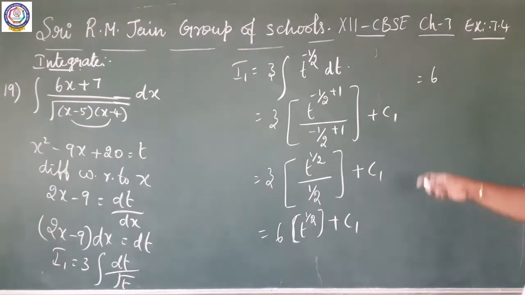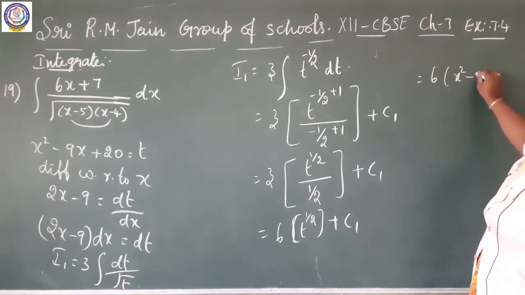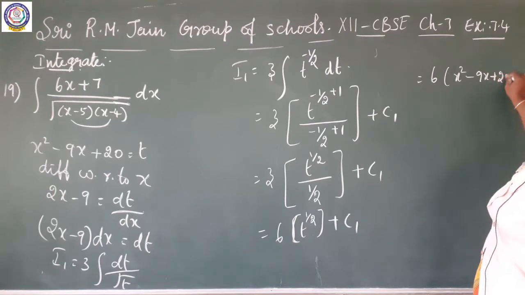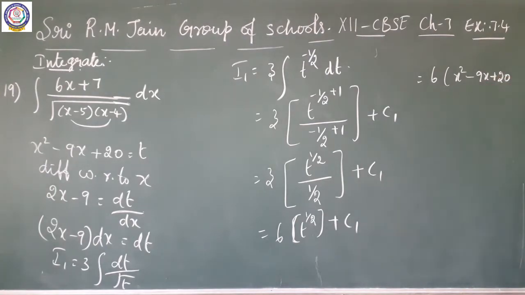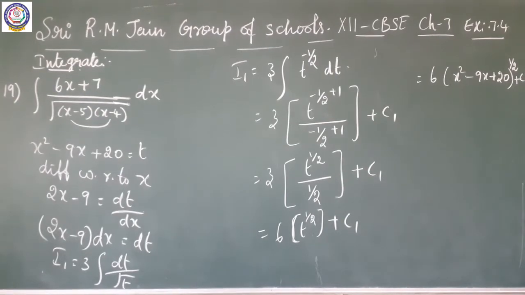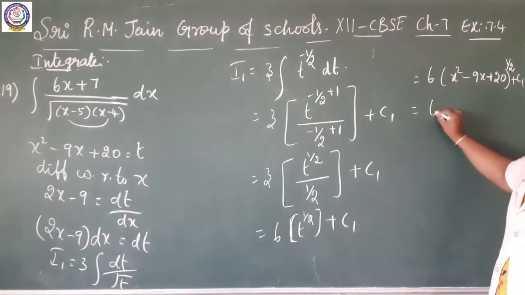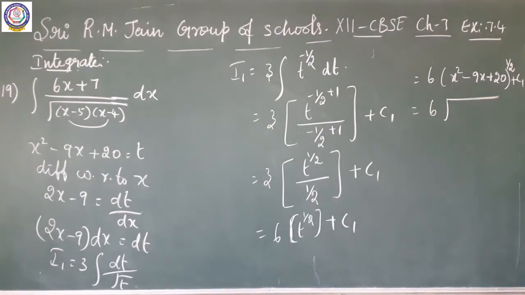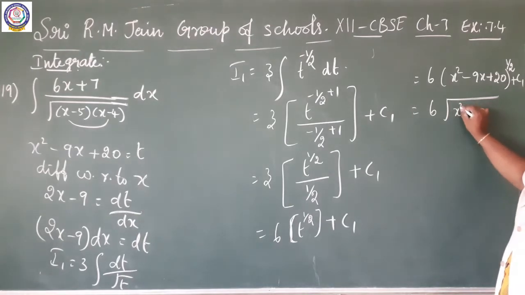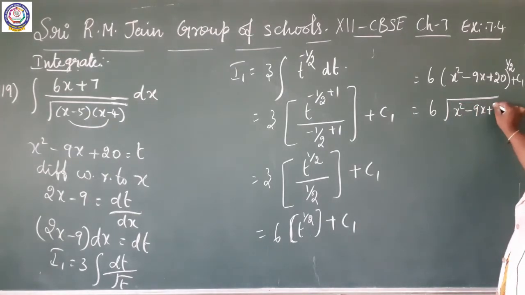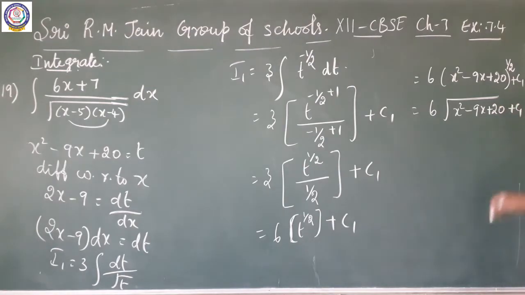We kept it there: x square minus 9x plus 20 whole power 1 by 2 plus C1. It gives 6 into root of x square minus 9x plus 20 plus C1.